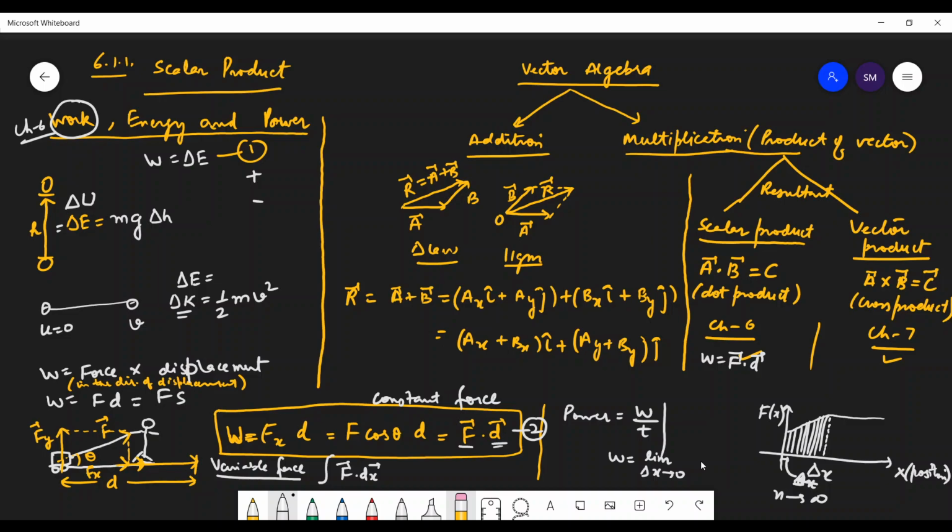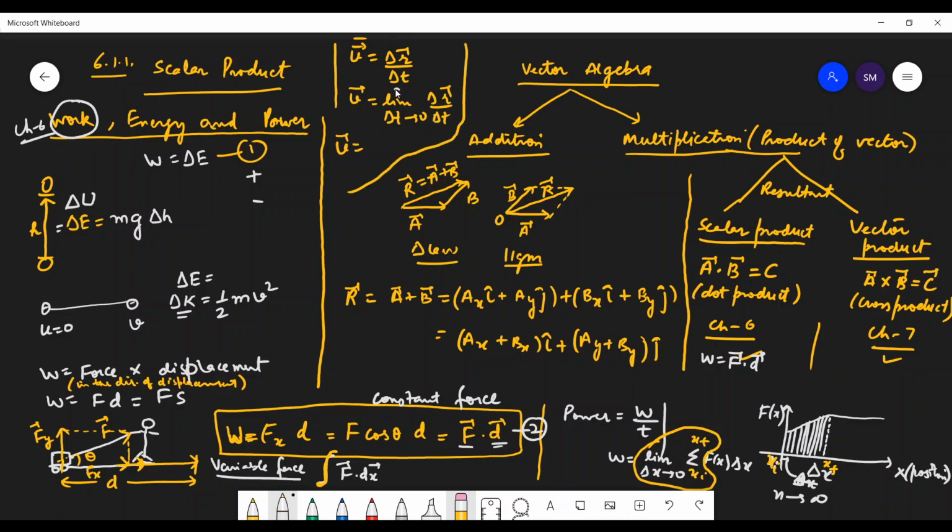If you remember, we did this for velocity: average velocity was displacement upon time, and then to get instantaneous velocity from average velocity, the limit delta t tends to 0 of delta r by delta t, I replaced with d by dt of r.